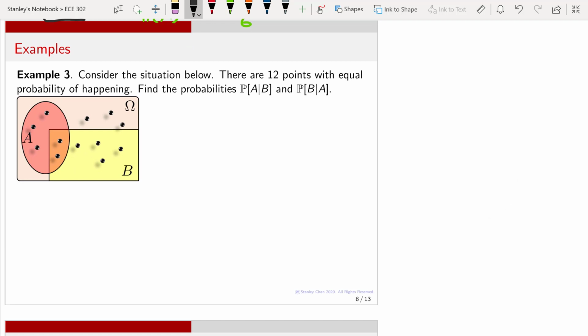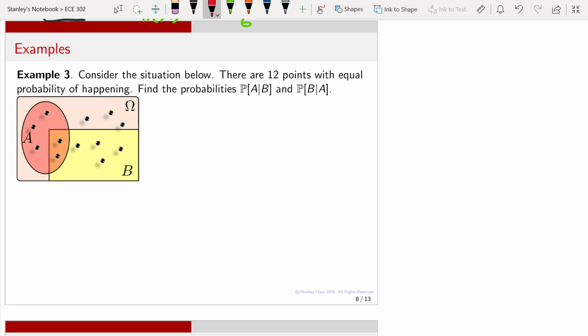Now, let us work on a somewhat more difficult problem in this example. So here is a situation where you have 12 points. They have equal probability of happening. So all these black dots, the probability of happening is 1/12.